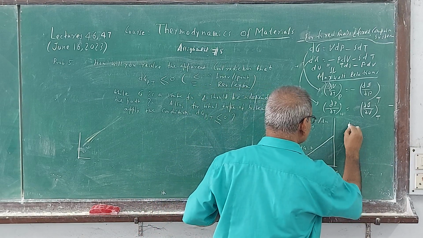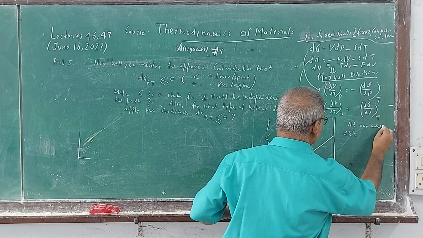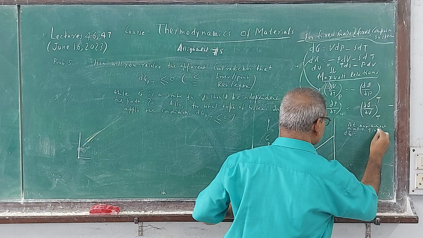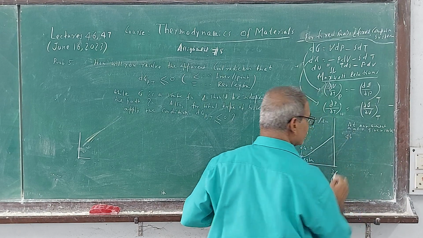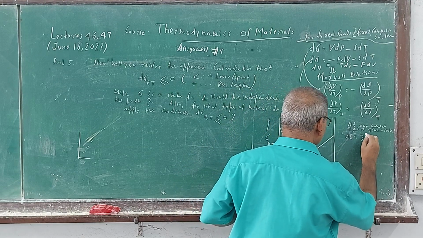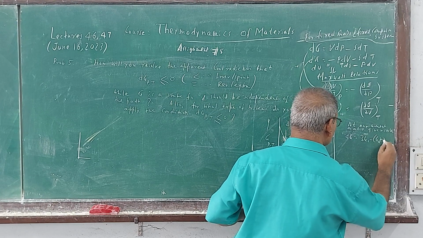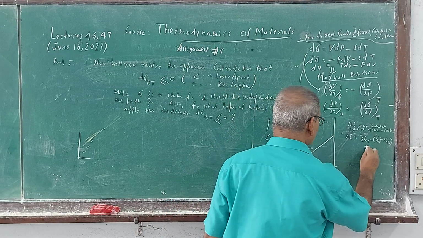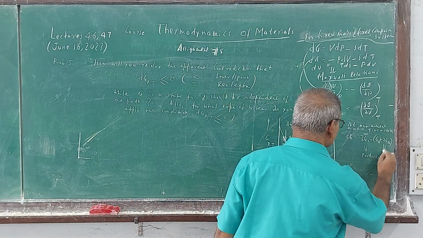Delta G, at any moment or at a given state, is 3GC minus GA plus 2GB. This is product minus reactant, product and reactant together.